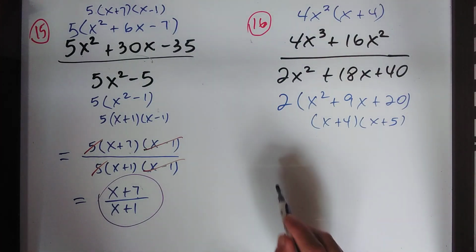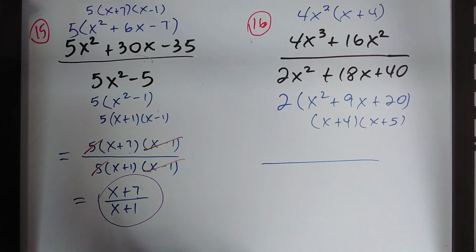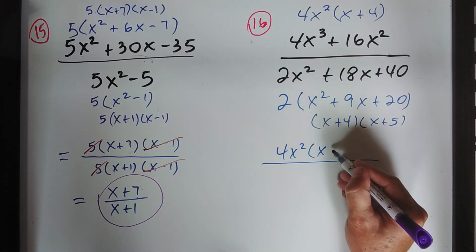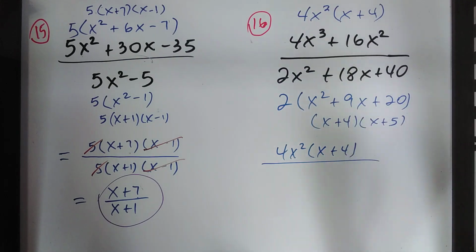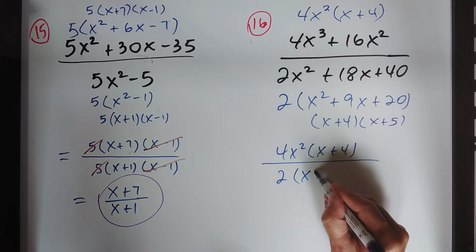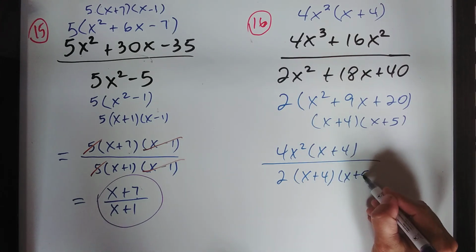Okay, so let's write down what I have. On top, after I factor, I have 4, x squared, over x plus 4. On the bottom I have 2, x plus 4, x plus 5.